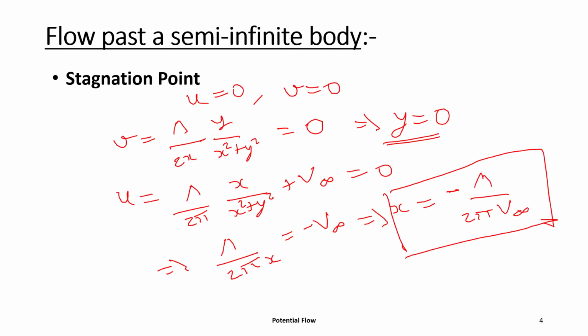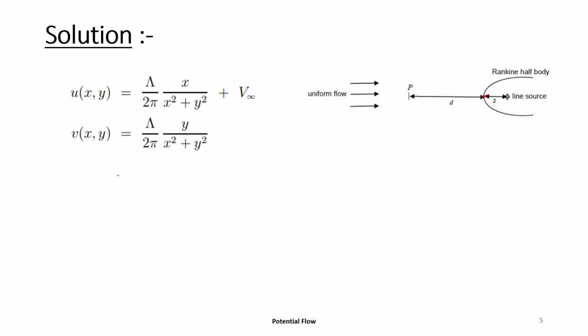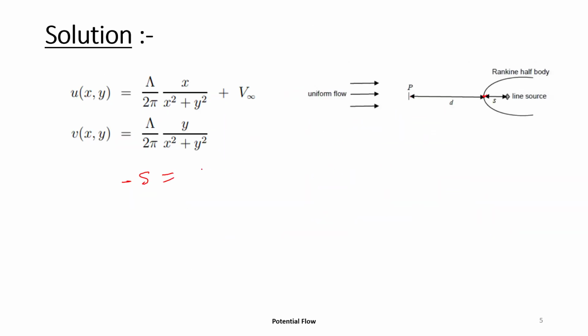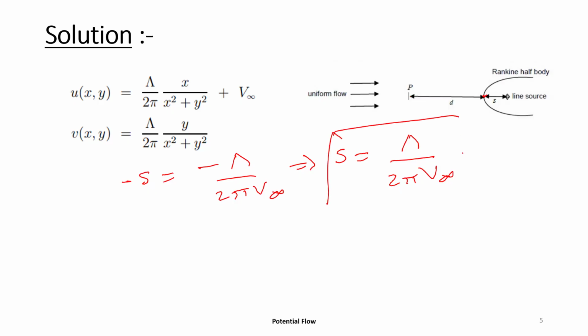So before, we already found the distance of stagnation point. So this minus S equal to this value, minus lambda upon 2 pi V infinity. So we will get S equal to lambda upon 2 pi V infinity. This is the first equation.